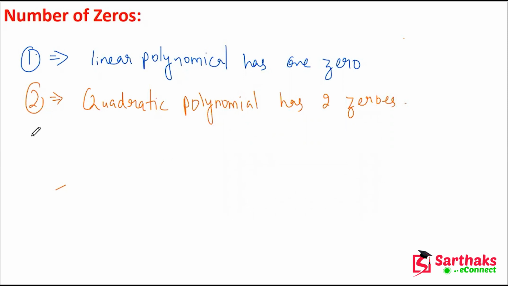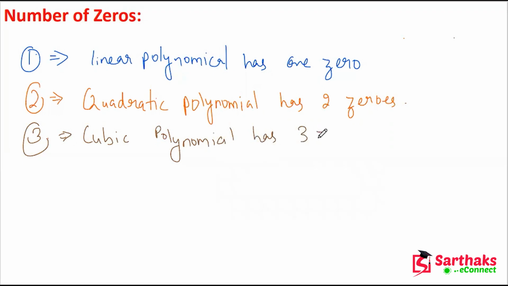Now if we talk about a cubic polynomial, it has three zeros.